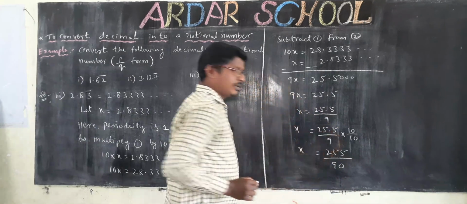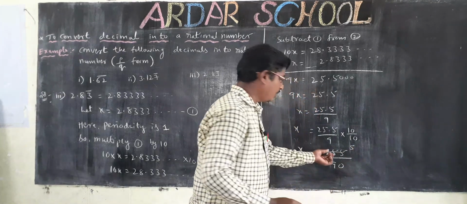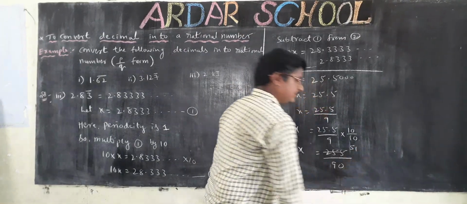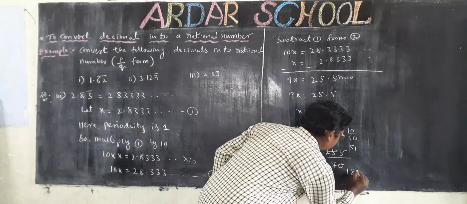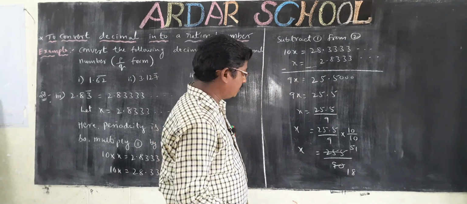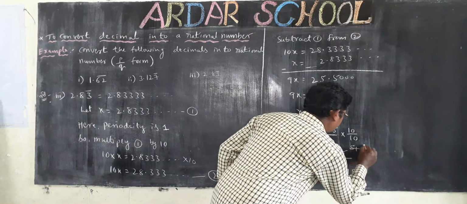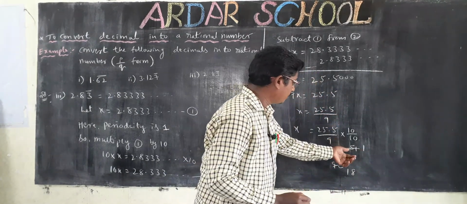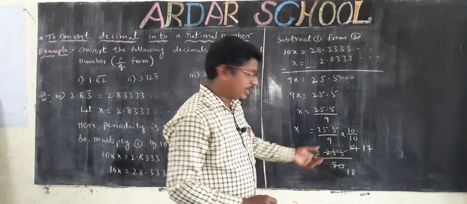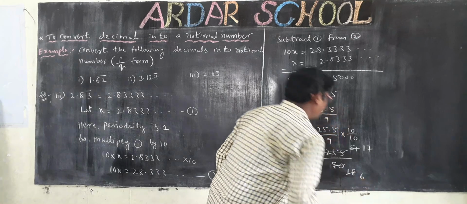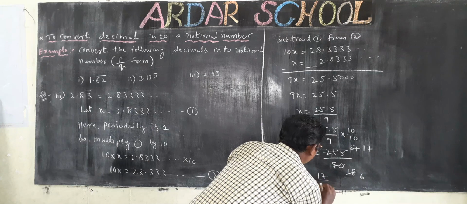Cancel this by 5. 5 5s are 25, 5 1s are 5, 4 is the remainder, 18. Here divide by 3. 3 ones are 3, 3 sevens, 3 17s are 51, 3 6s are 18. So that is equal to 17 by 6.